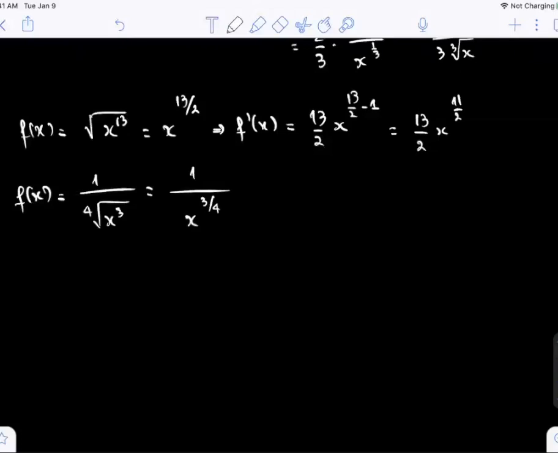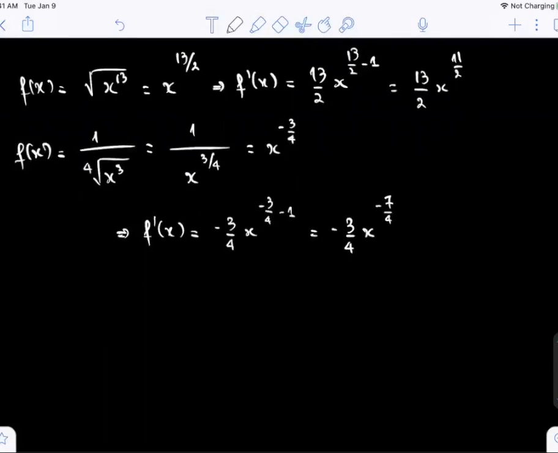You don't know how to differentiate a fraction, so turn that into a power. So this is x to the negative 3/4. Now you know how to differentiate this. So the first derivative is negative 3/4 times x to the negative 3/4 minus 1. This gives me negative 3/4 times x to the negative 7/4. Just leave it like that. That's okay as well.